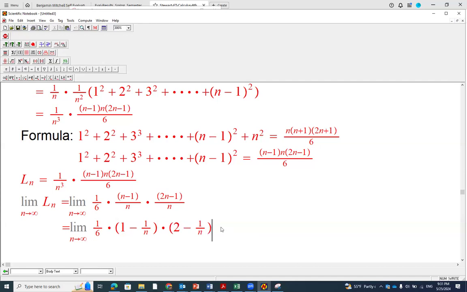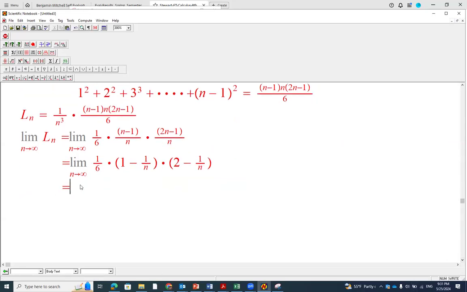1 over 6 is constant, so we can apply the limit law. When we apply the limit law, the constant stays constant, and on this piece, we can take the limit individually.